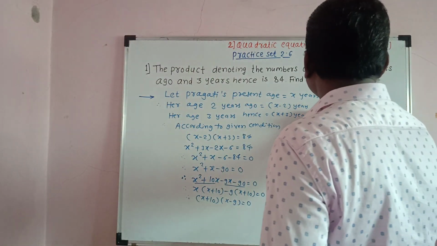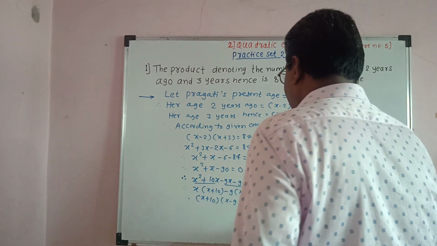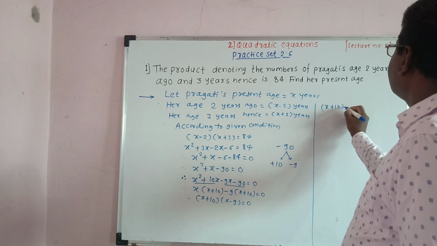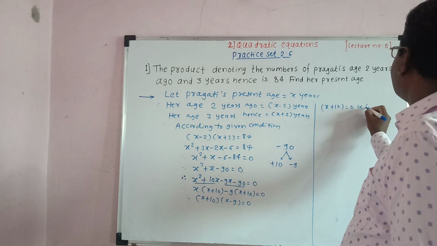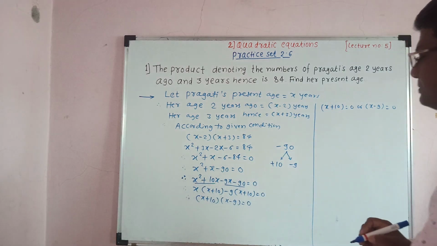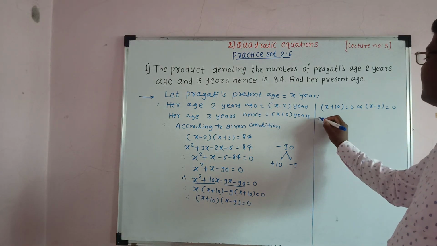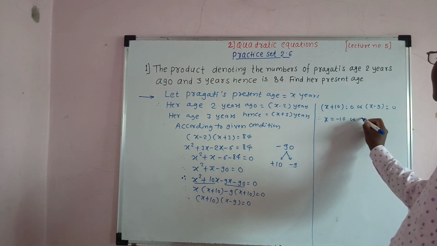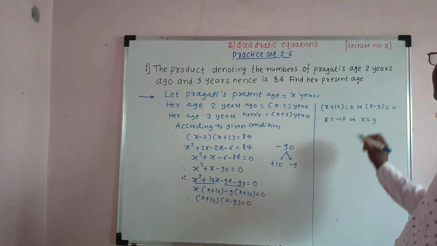Therefore x plus 10 is equal to 0, or x minus 9 is equal to 0. Therefore x is equal to minus 10 or x is equal to 9.